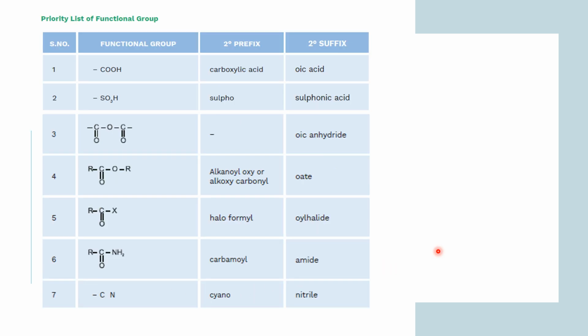You can quickly take a screenshot if you want, or you will also get information about these in the lectures covered in the first week. This is the priority list from upper to lower, and whenever different functional groups are present in an organic compound, we will take help of this priority list to assign the naming of the functional groups.